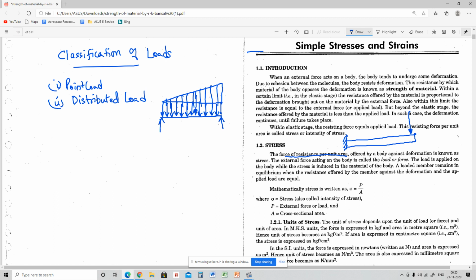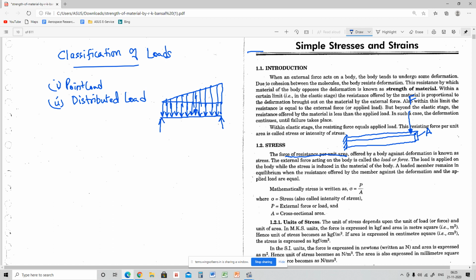I am applying a force at a particular cross-sectional area, so this beam will start to bend or deform due to the load acting on it. When we define how much force per unit area, that is represented as stress.